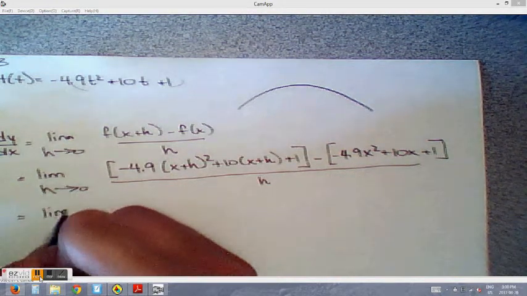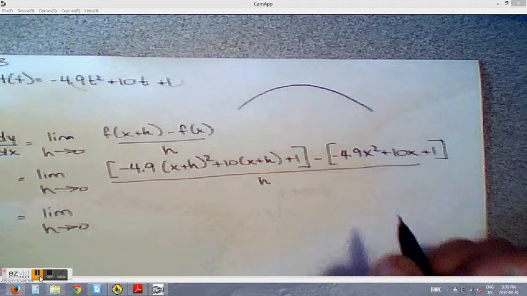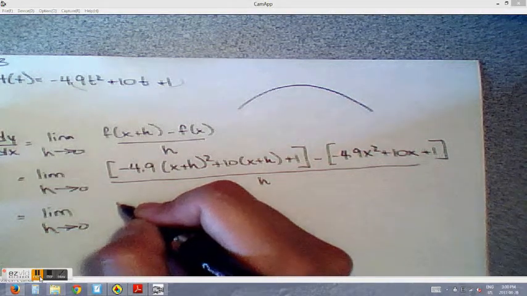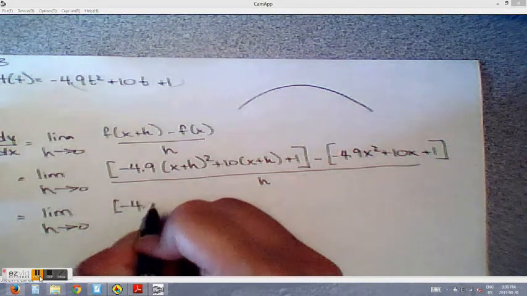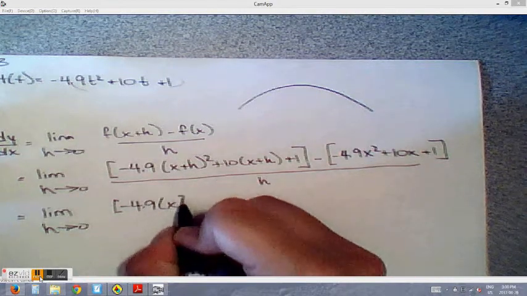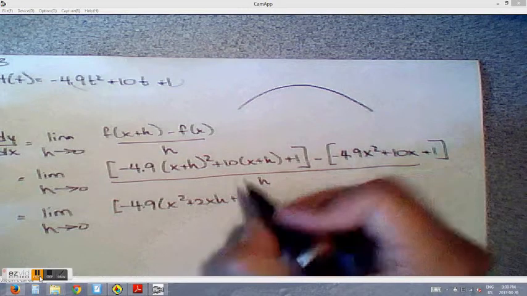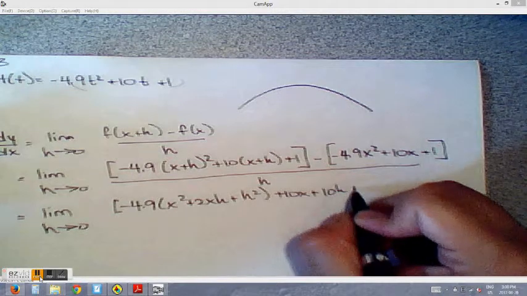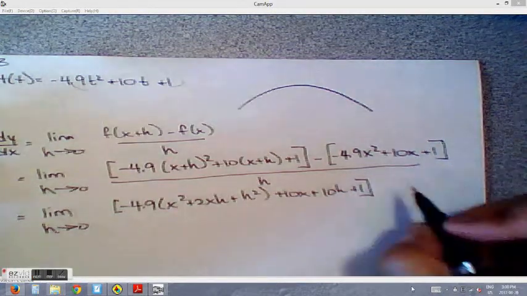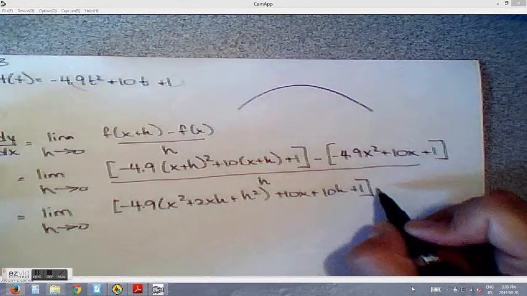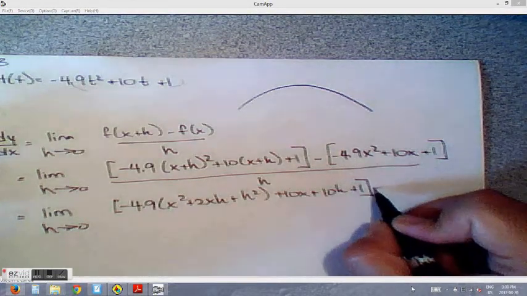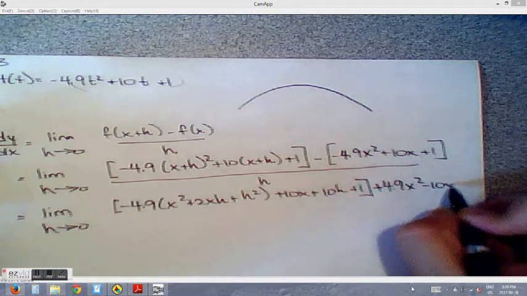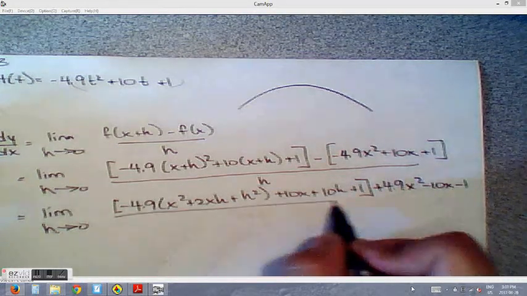So again, the limit as h approaches 0 of negative 4.9 times x squared plus 2xh plus h squared, plus 10x plus 10h plus 1. I'm going to go ahead and multiply that negative sign in, so negative 4.9 x squared minus 10x minus 1, all over h.